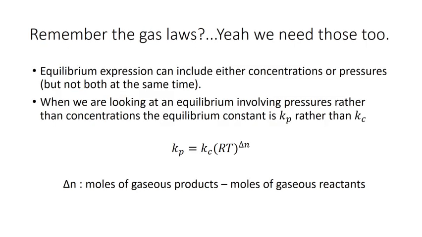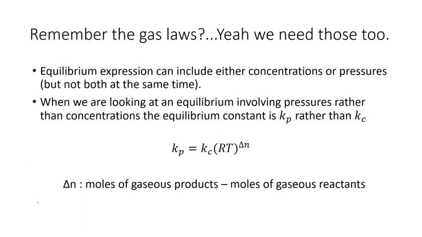So this is when we're talking about concentrations. We can also express equilibrium when we talk about gases and pressure. When something is in brackets, it denotes concentration. When something is in parentheses, it denotes pressure.